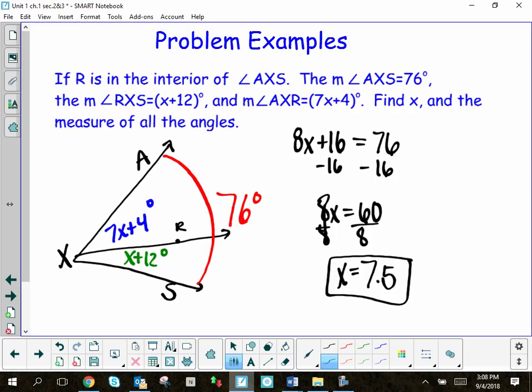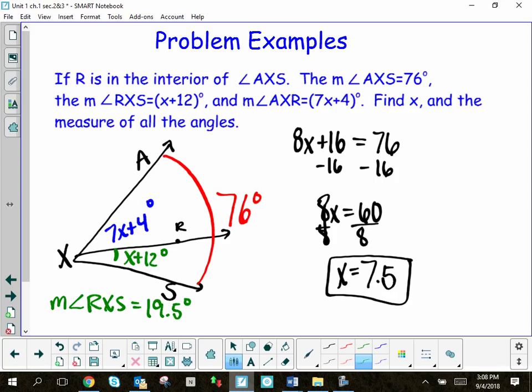So now what I want to do is plug that in to each little angle. For the green one right here, angle RXS, that measure is 7.5 plus 12, which is 19.5 degrees.